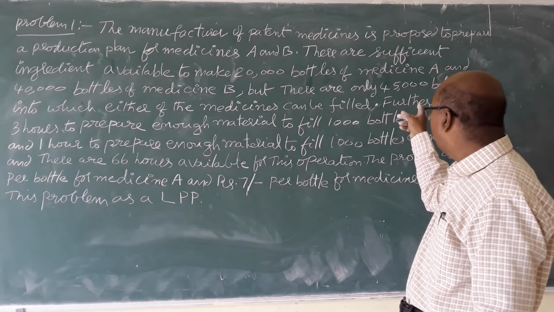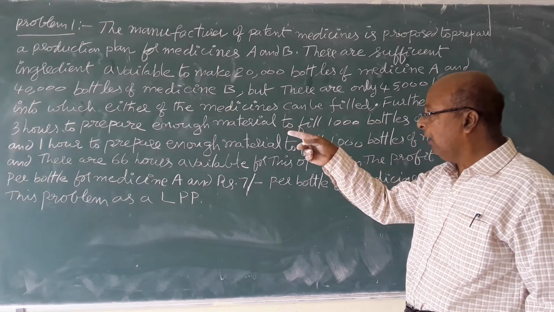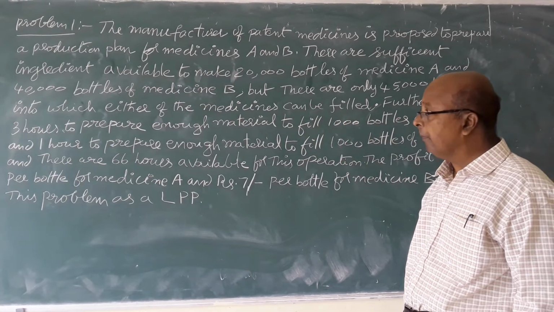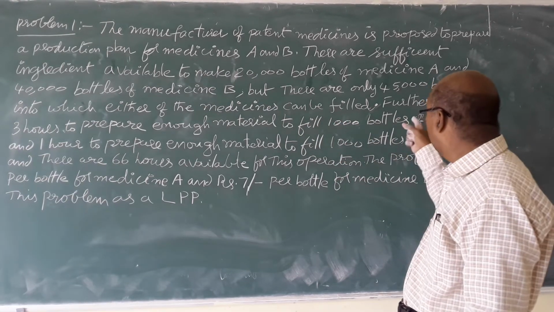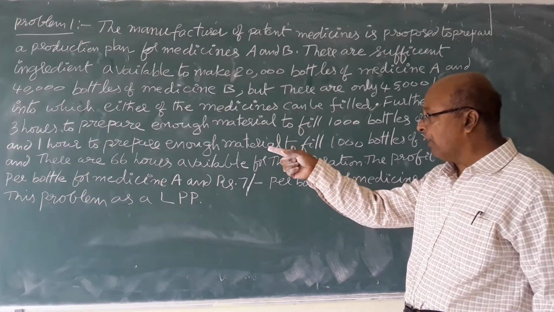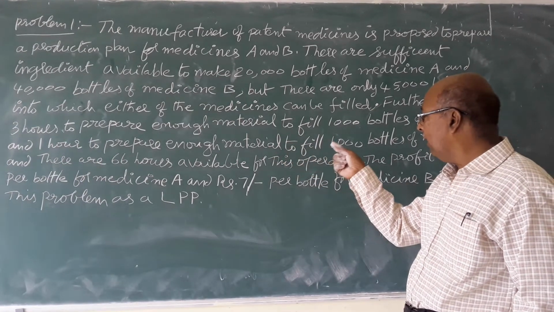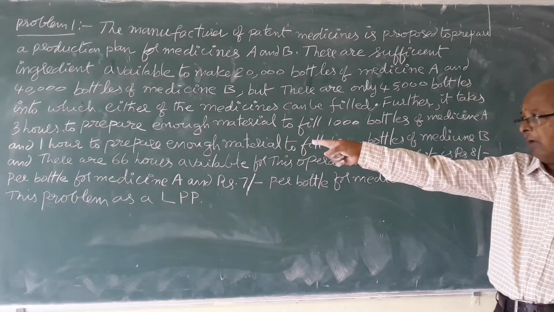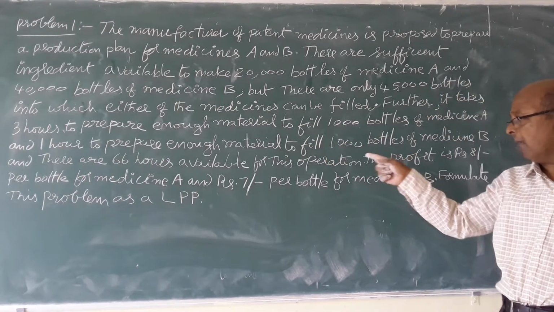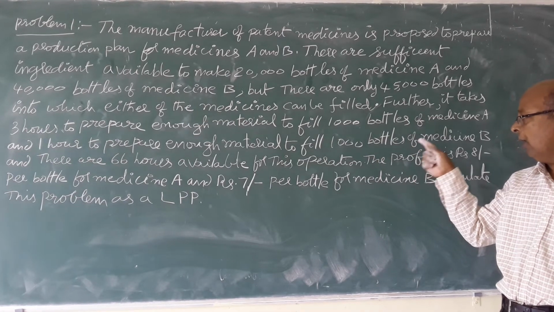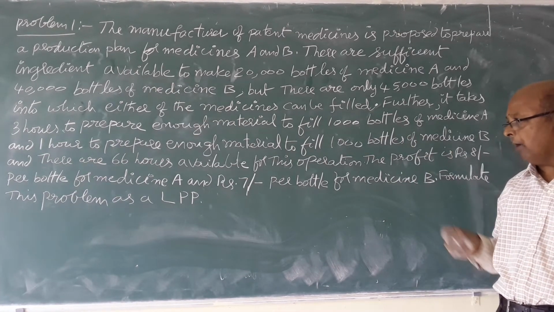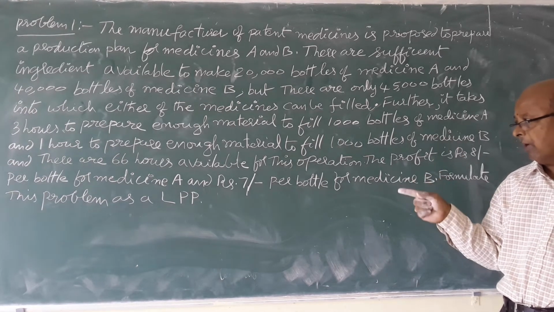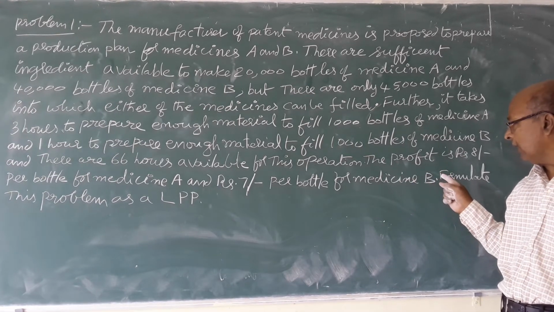But there are only 45,000 bottles into which either of the medicines can be filled. Further, it takes 3 hours to prepare enough material to fill 1,000 bottles of medicine A and 1 hour to prepare enough material to fill 1,000 bottles of medicine B. And there are 66 hours available for this operation.